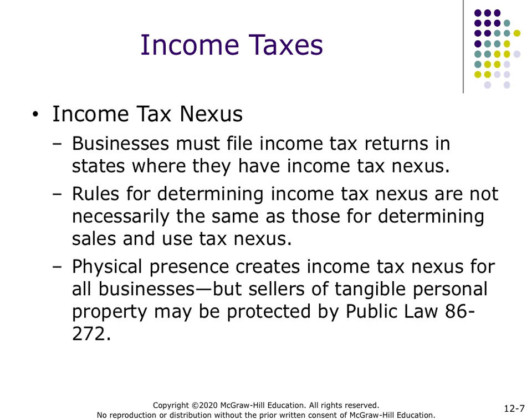According to this public law, 86-272, businesses are protected from an income tax liability if all of the following apply: tax is based on net income, the taxpayer only sells tangible personal property, the taxpayer's in-state activities are limited to solicitation of sales, the taxpayer is participating in interstate commerce, the taxpayer is non-domiciliary, the taxpayer approves orders outside of the state, and the taxpayer delivers goods from outside of the state.